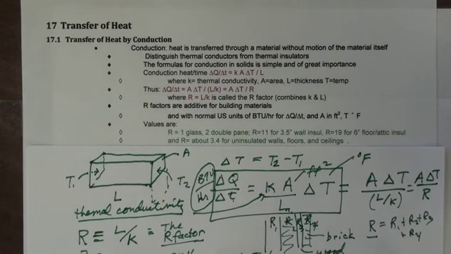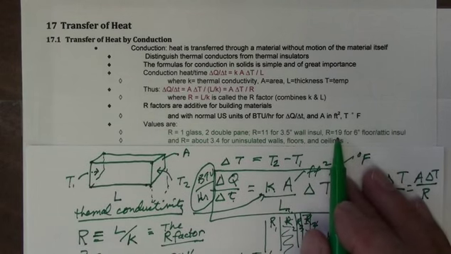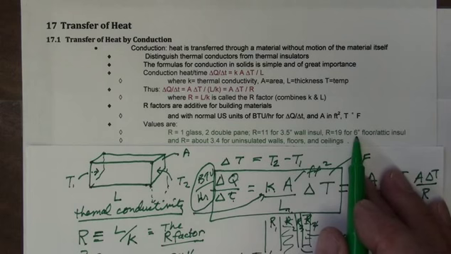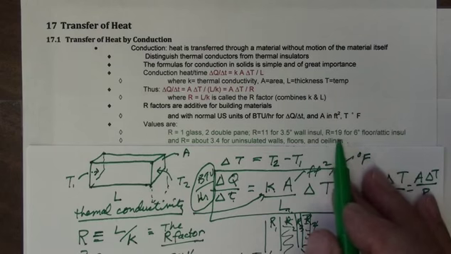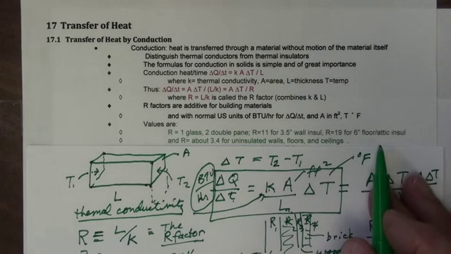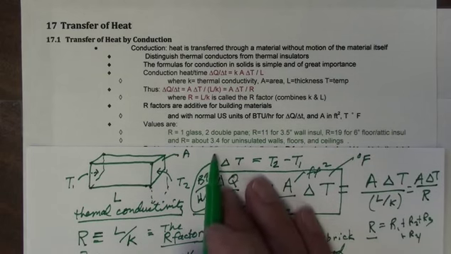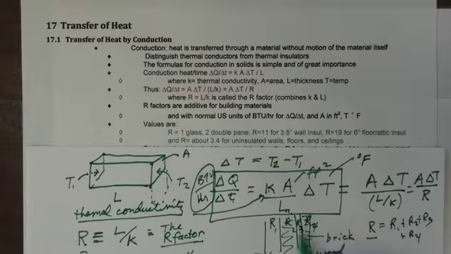Now if I look at some other R factors, if I go to the ceiling or the floors, there I can put 6 inches in because I have 6 inches in those attic studs or the joists or the floor joists, so that gives me an R of 19. And you need to remember each one of these. The final thing you need to know is what about the wall before it's insulated?